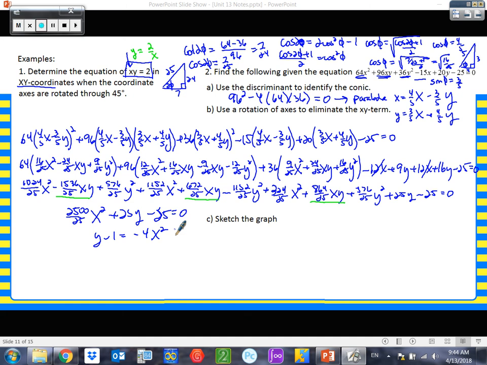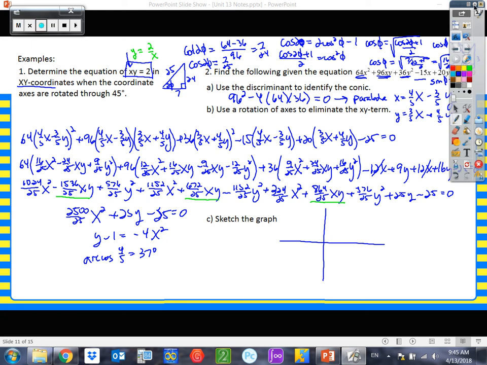Now, we're going to need to sketch the graph here. I do need to know the angle that we rotate through just to get a pretty good graph. The angle is really the only thing I need my calculator for. I would do arc cosine of 4/5, and I get about 37 degrees. So I'm going to rotate these axes about 37 degrees.